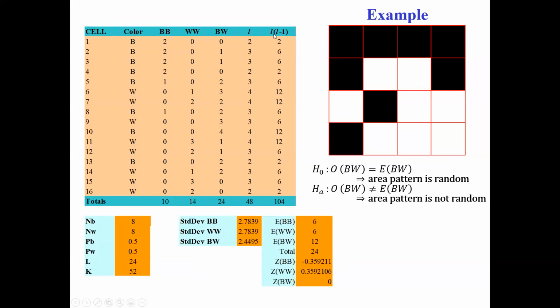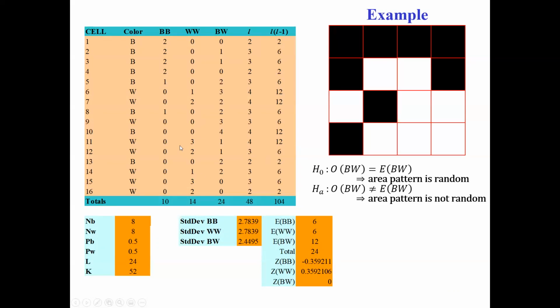We also need to calculate K, and in order to calculate K, we need to know the product of L and L minus 1. So 2 multiplied by 2 minus 1 is 2. Okay, this is the content of this table. We do this for each cell.